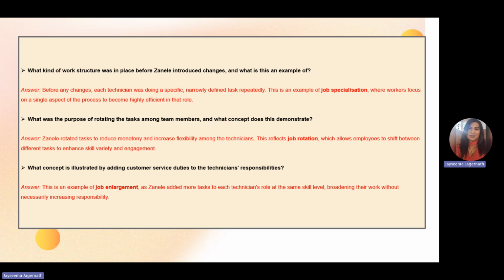So you're not pushing them above their current skill set. You're not challenging them. You're just providing additional tasks to them. And people do want tasks because when you give somebody an additional task, it shows a sense of trust. Okay, so not above their skill set, within the same level of their skills, you're just giving them additional tasks.